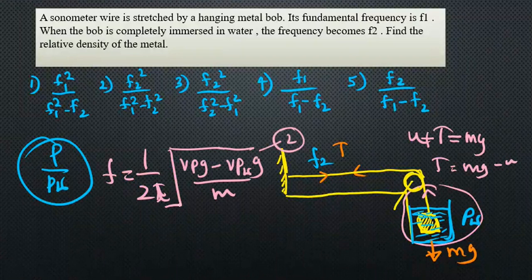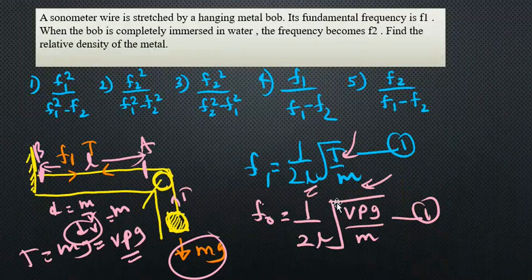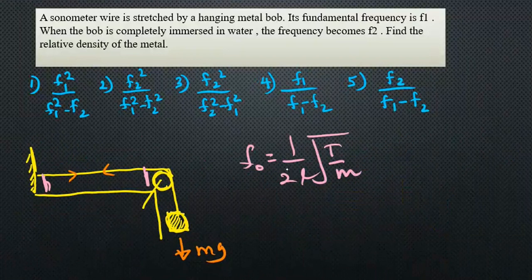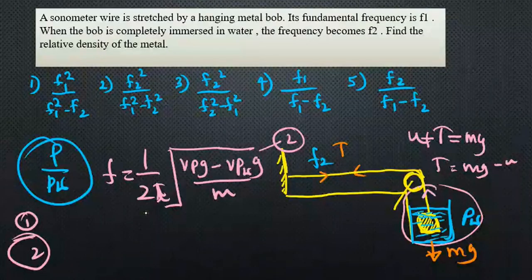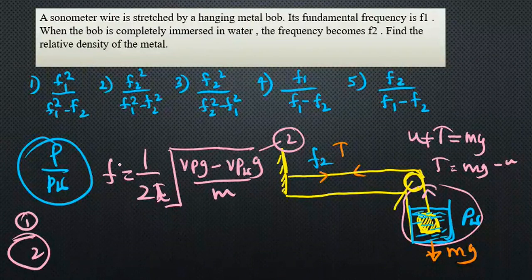So here what we can do is divide the first equation by the second equation. This is the first equation we have found and this is the second equation. So let's divide these two. When dividing, I can write F1 divided by F2, the 1 over 2L will cancel off and we get the root value.